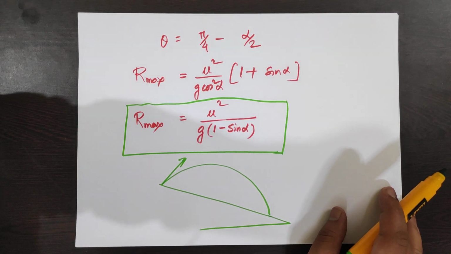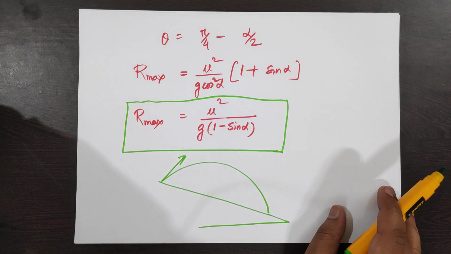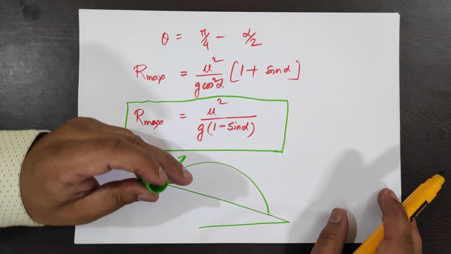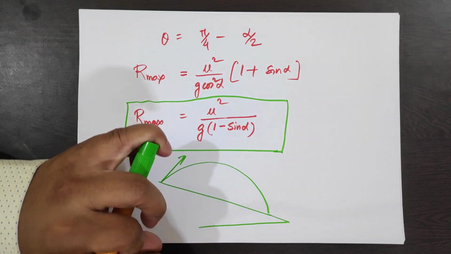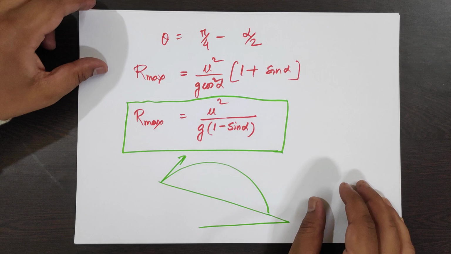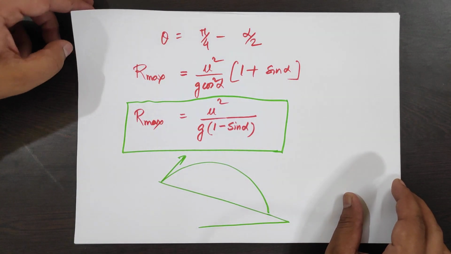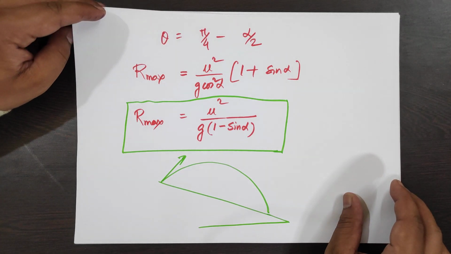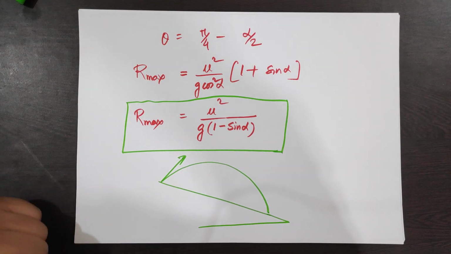Do not apply any formula and try to solve the problem. Applying formulas is the last resort, but some you obviously have to use, because every time you cannot derive things like maximum range. However, stretch yourself up to your maximum limit without using formulas.